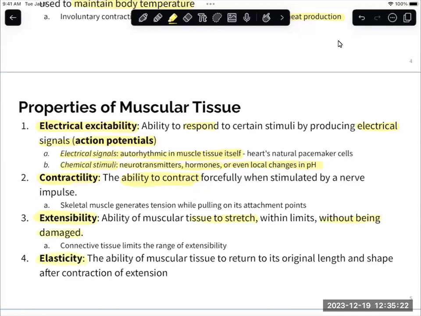Elasticity, another part of that test question. Returns to its original length and shape after a contraction or extension. So that extensibility allows them to stretch. That elasticity allows them to return to their normal shape.